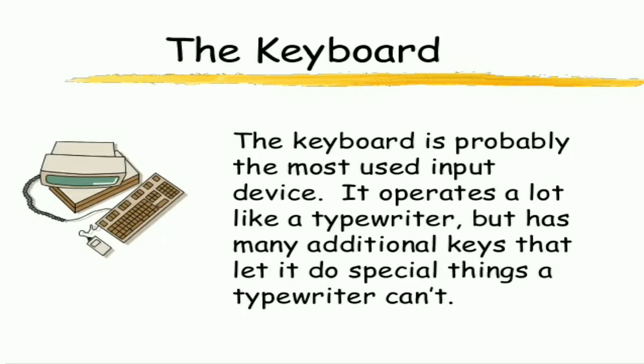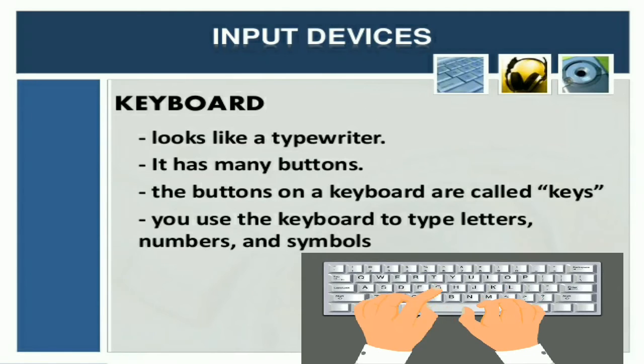Then keyboard. A keyboard is an input device, and we see a keyboard has various types of keys, and we type with keys. We find so many keys: symbols, letters, numbers, and other keys like enter, space, backspace, and caps lock.